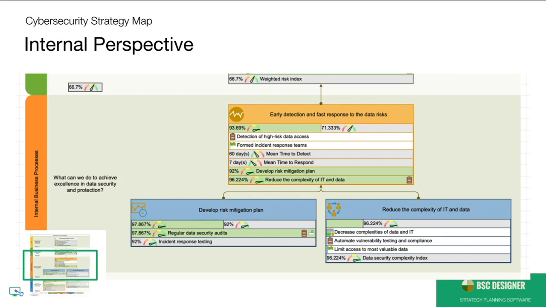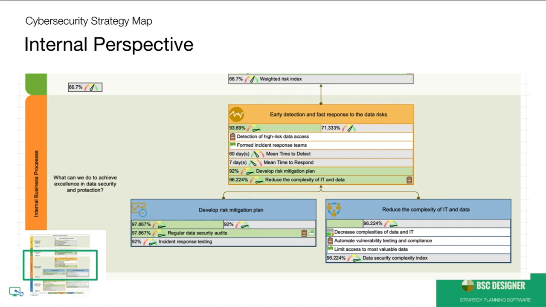To find the goals and the performance indicators for the internal perspective, we need to do the root cause analysis of the data breaches, analyze the risk and cost points, and come up with a response strategy. The reports by IBM Security and Verizon that I mentioned before include some common strategies applicable to most organizations.